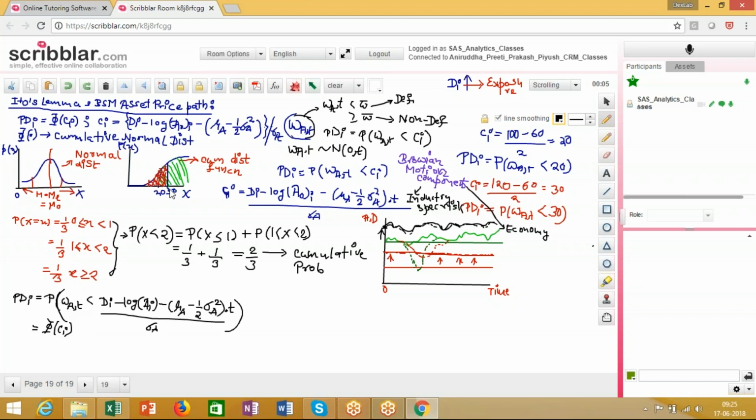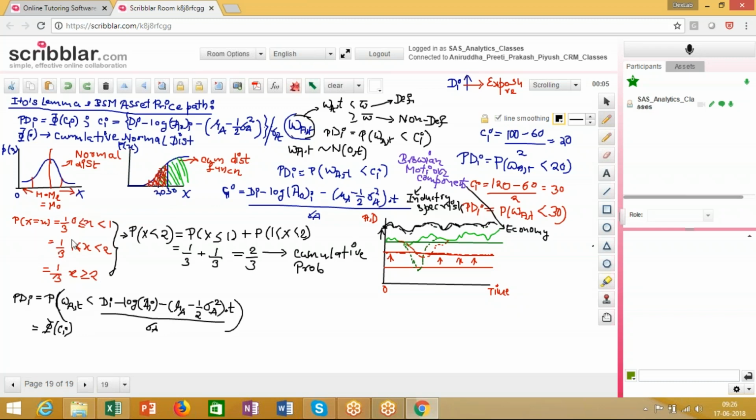It is nothing but the cumulative probability. It helps us identify the probability of a variable x taking a value less than or equal to some given value. So if we want the probability of x being less than or equal to 20, that value is taken from a cumulative distribution function. We had explained the concept of cumulative distribution function yesterday.